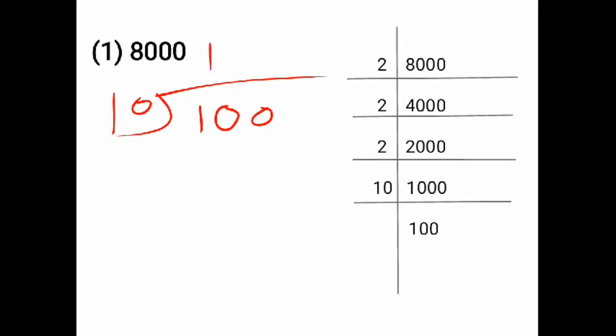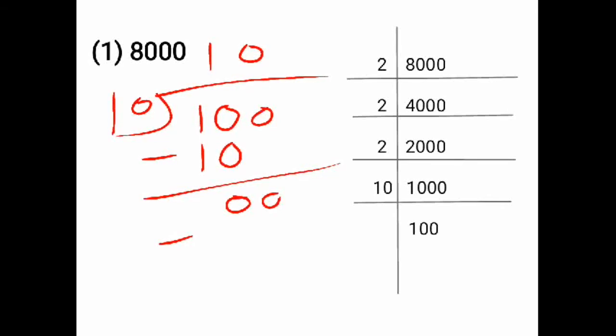Divide the 100 by 10. 10 ones are 10. 10 minus 10 is 0. 0 bring down. 10 zeros are 0. 0 minus 0 is 0.